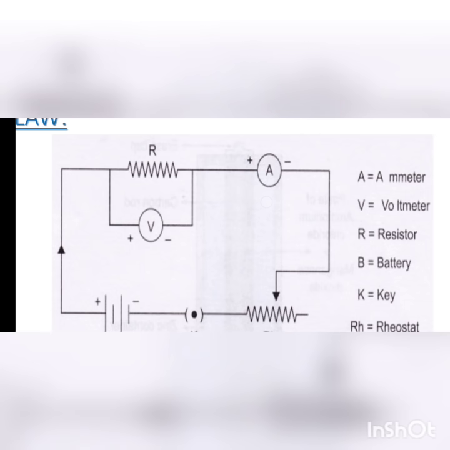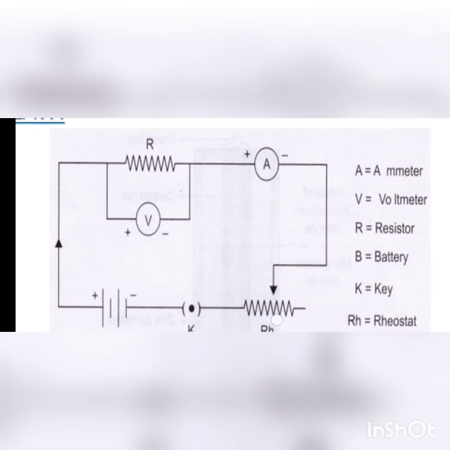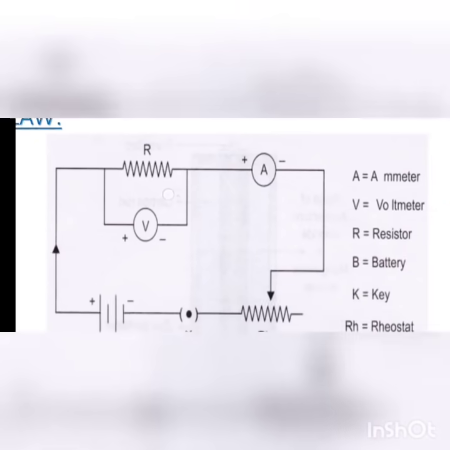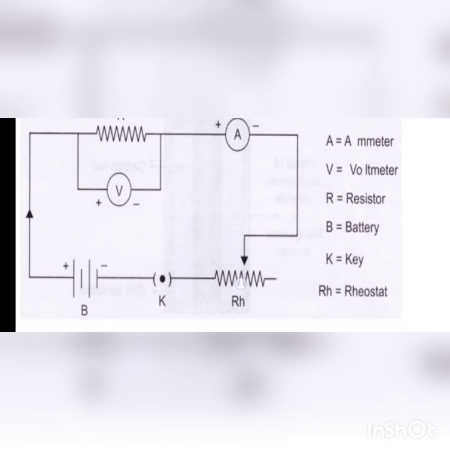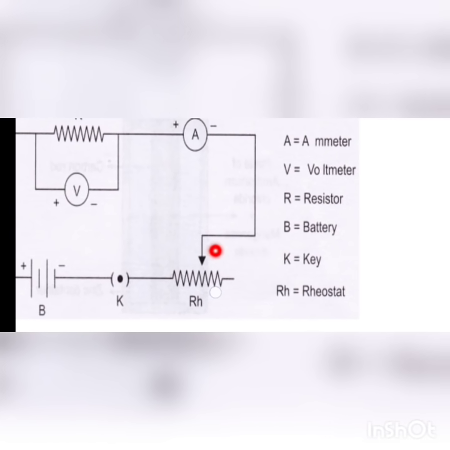You are going to write down 5 to 6 values of voltmeter and ammeter by changing the position of the slider of your rheostat. Fine, so this is how we are going to perform Ohm's law in the lab.